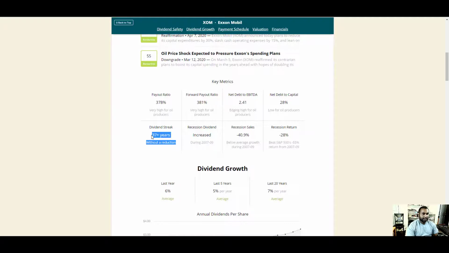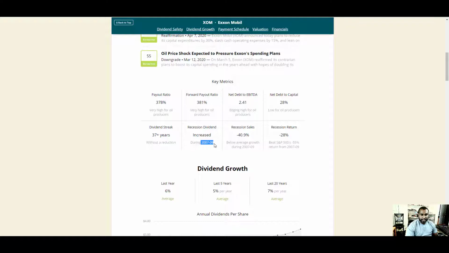Dividend streak, 37 years strong without a reduction. Very important. If you are looking at aristocrats, most people look for 25 years or more, so they have passed that, but there are two red flags right here. Recession dividend increased during 2007 and 2009. So what happened during 2007 and 2009?